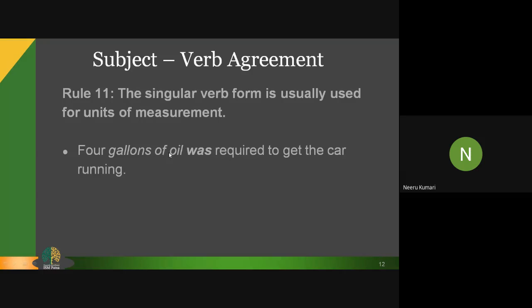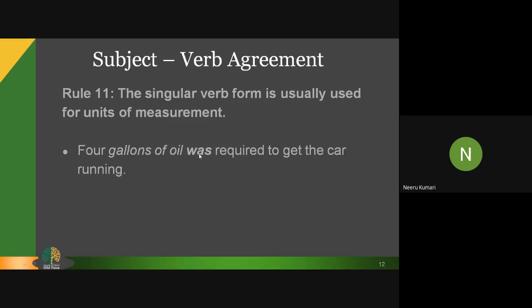Say, for example, when we are talking about the subject, please remember it will always accept the verb in the to do form, to have form, or to be form. All right.